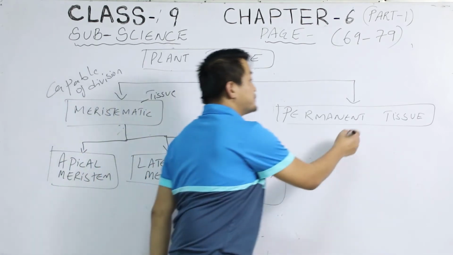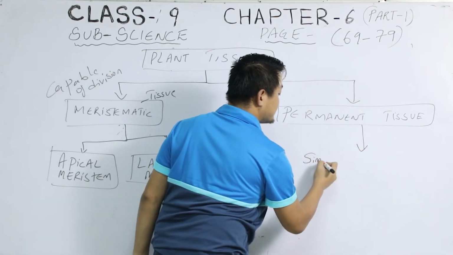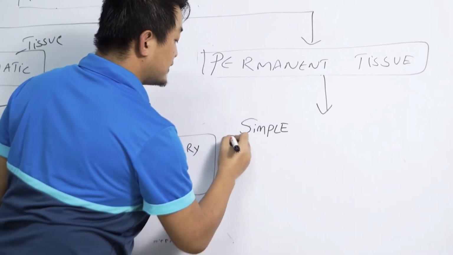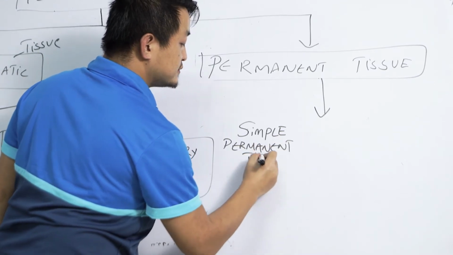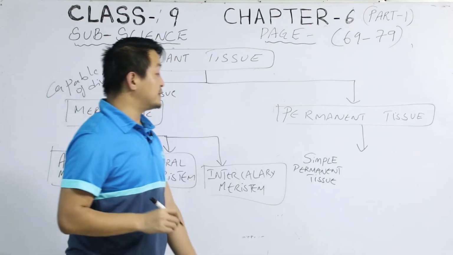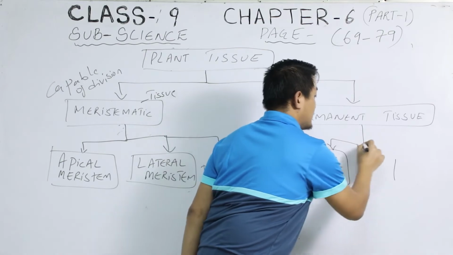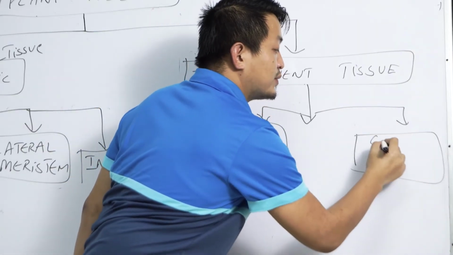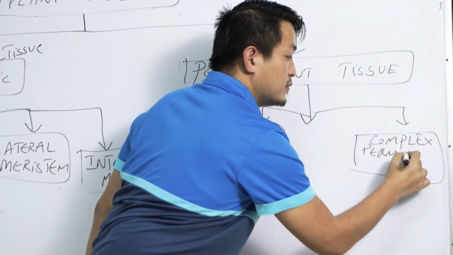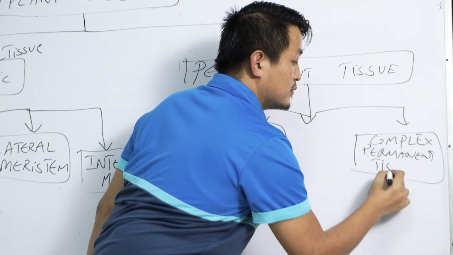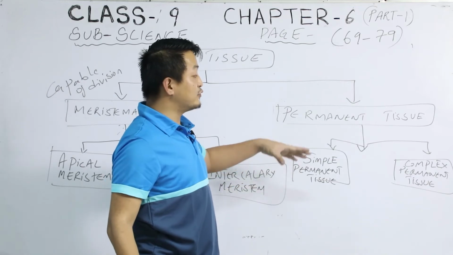Then under the permanent tissue, we have simple permanent tissue and complex permanent tissue. One type of permanent tissue would be simple and the other one would be complex.